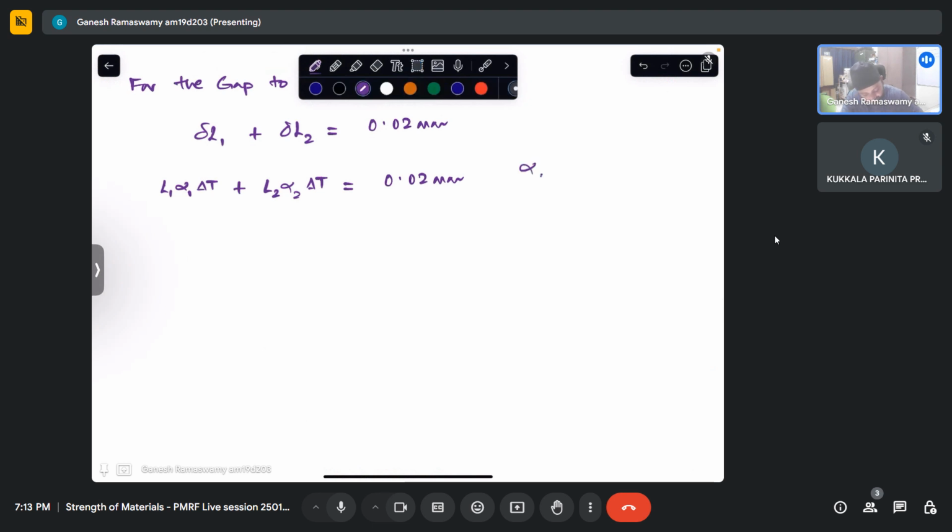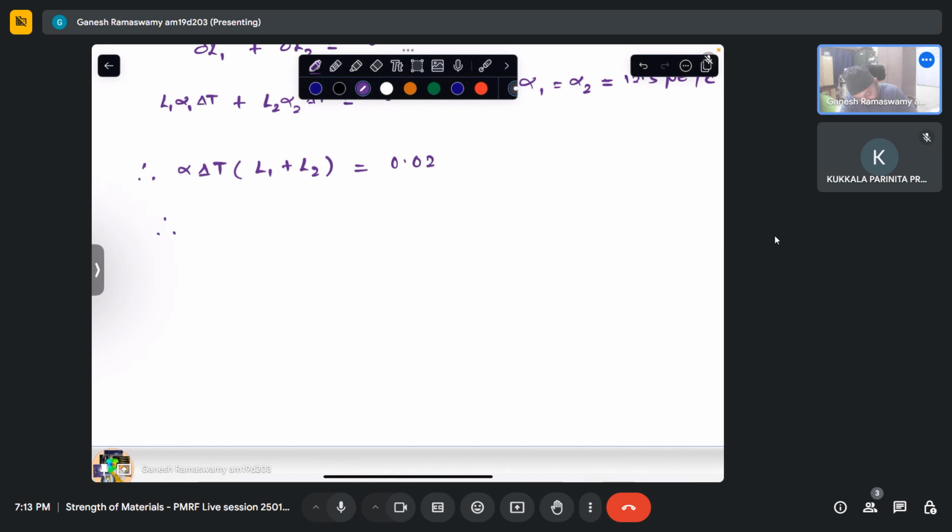But alpha 1 equals alpha 2, since the materials are the same, which is 12.5 microstrain per degree centigrade. So therefore, this comes out to be alpha delta T into (L1 plus L2) is 0.02 mm.